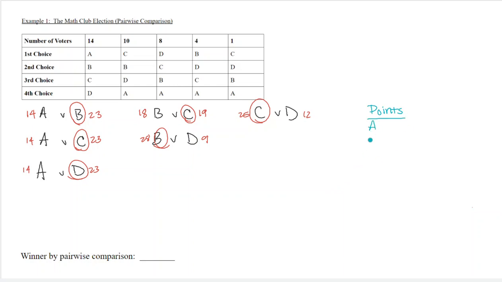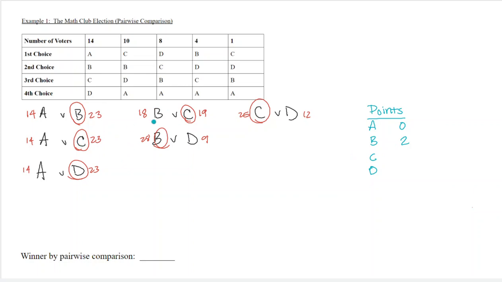Now, we need to tally up the points. 1 point for a win, half a point for a tie, 0 points for a loss. So, A lost, lost, lost. So A has 0 points. B has a win, a loss, and a win, so that's 2 points.